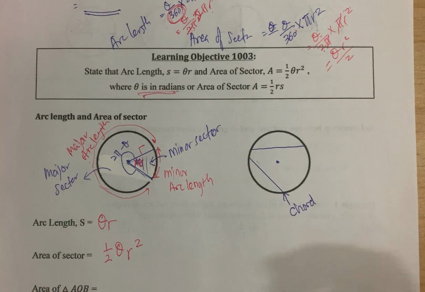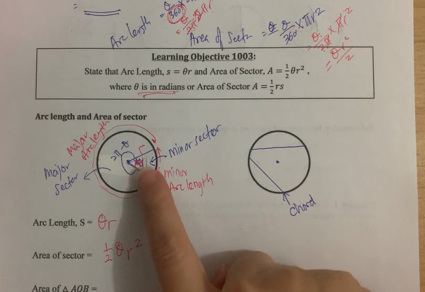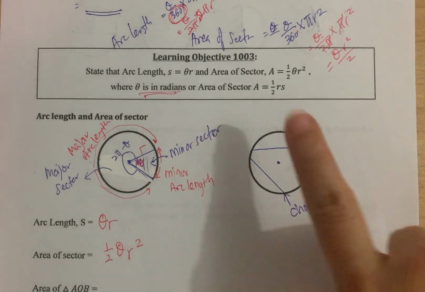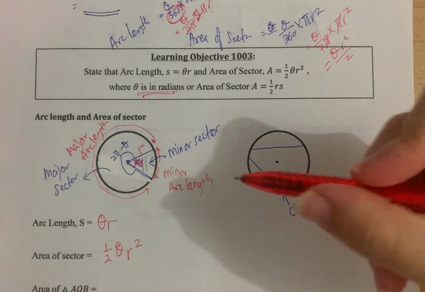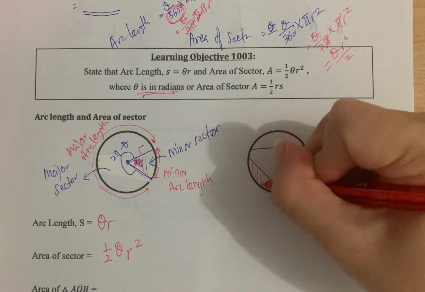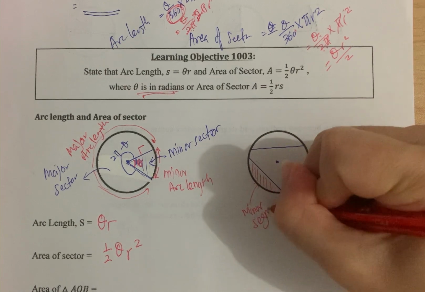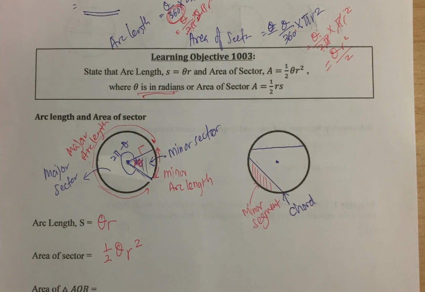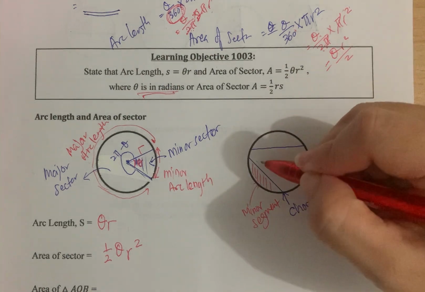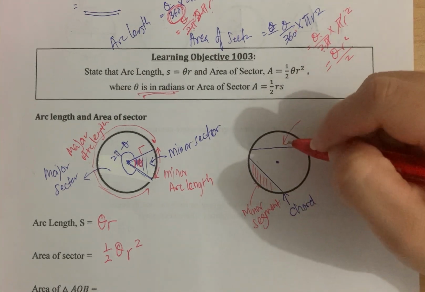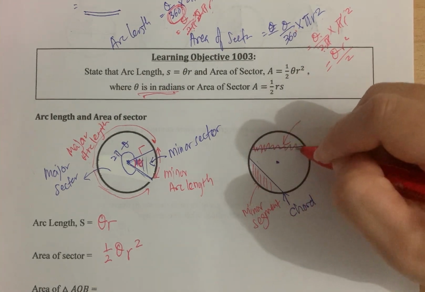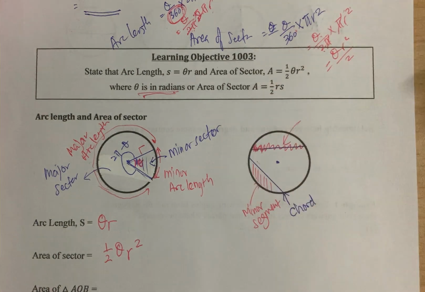So now, a radius divides a circle into sectors. A chord divides a circle into segments. Okay, so this small one is called a minor segment. You have to remember all these words because they will use them sometimes. So the bigger one, of course, we call a major segment.